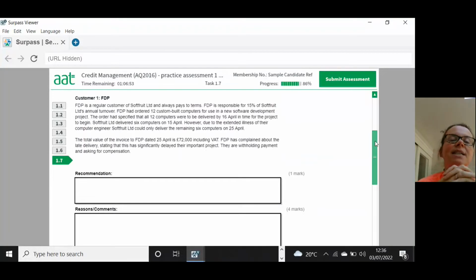Soft Fruit Limited delivered 6 computers on the 15th of April. However, due to the extended illness of their computer engineer, Soft Fruit Limited could only deliver the remaining 6 computers on the 25th of April. The total value of the invoice dated 25th of April is $72,000 including VAT. FDP has complained about the late delivery, stating this has significantly delayed their important project. They are withholding payment and asking for compensation.